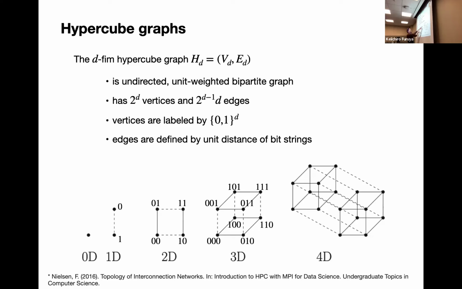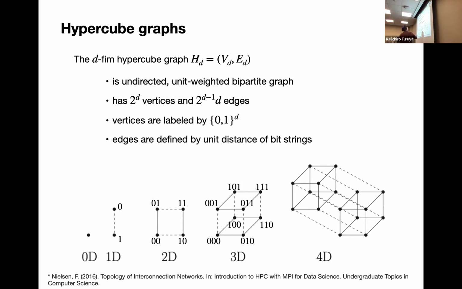To make a 3D hypercube, you push this square in another direction. Then for four dimensions, same thing, shift, shift, shift. So this is the hypercube graph, with 2 to the D vertices and 2 to the D minus 1 times D edges.